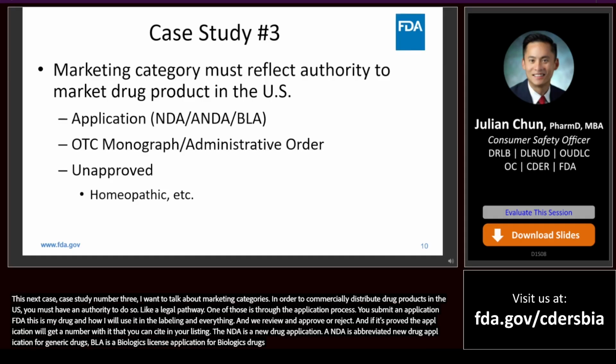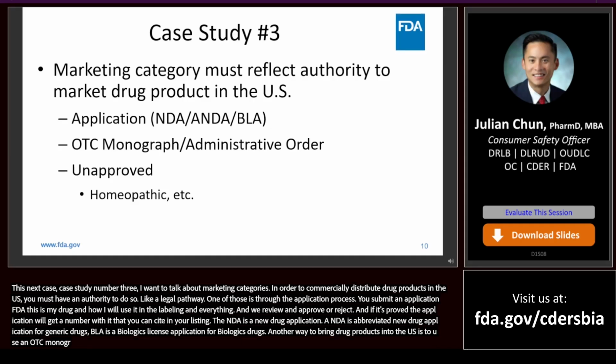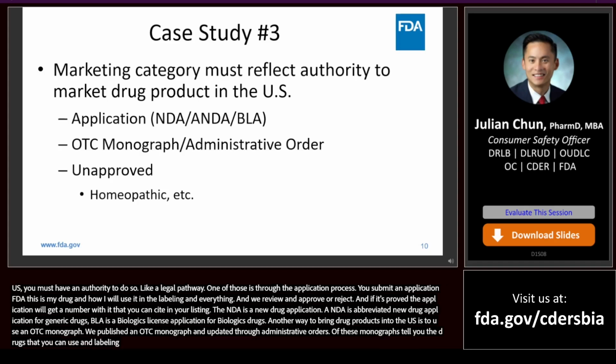We publish an OTC monograph and update it through administrative orders. These monographs tell you the drugs that you can use, the labeling, the strength, everything. And if you make the drug exactly like it's cited in the OTC monograph, then you can legally market in the US. So anything that's not part of the application or the OTC monograph is considered unapproved.